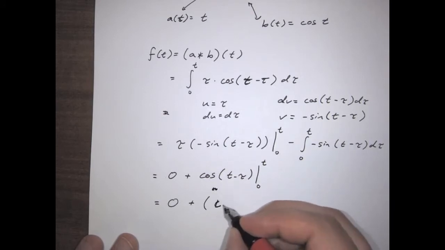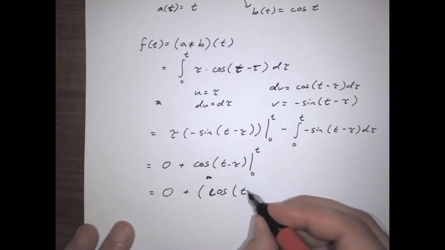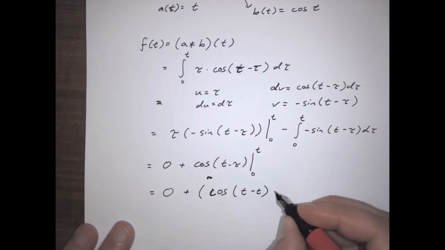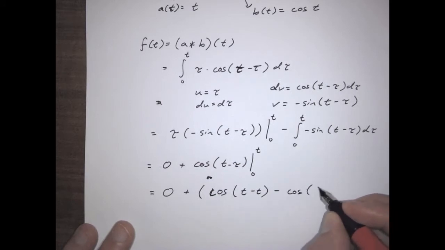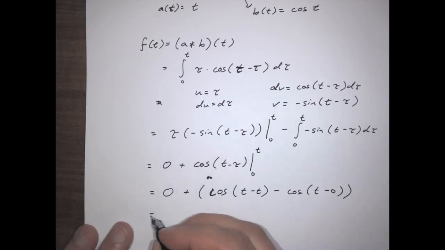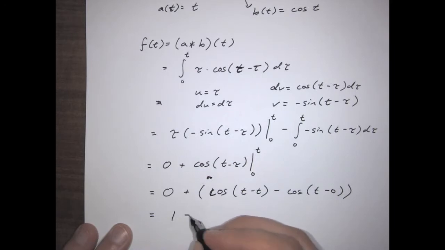Actually, here, let's just go one step at a time. Cosine of t minus t, minus cosine of t minus 0. And that's just going to equal 1 minus cosine of t.